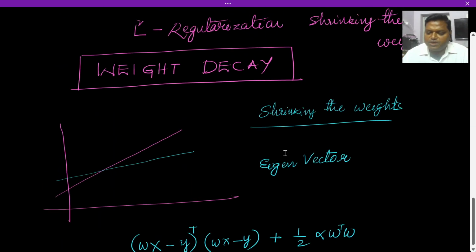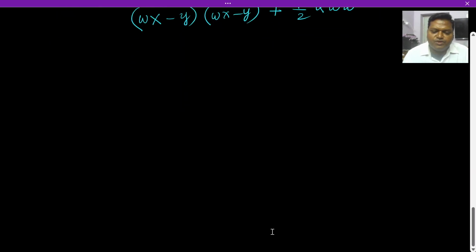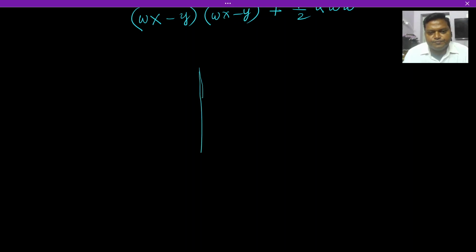So, let me show you the diagram. The L2 regularization, which is squared. Suppose this is our w star without regularization, and the contour values are this one.